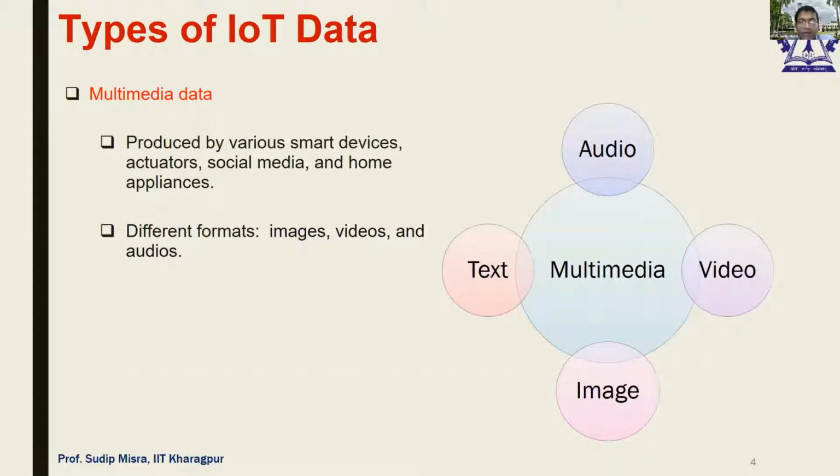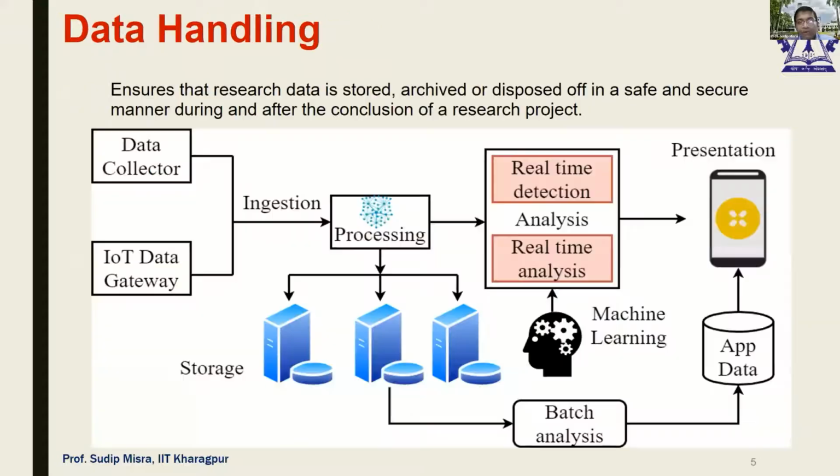Now, the level of complexity also varies across these different classifications of data, which I'm not going to talk about too much. So how do you handle the data? That's the whole ball game.